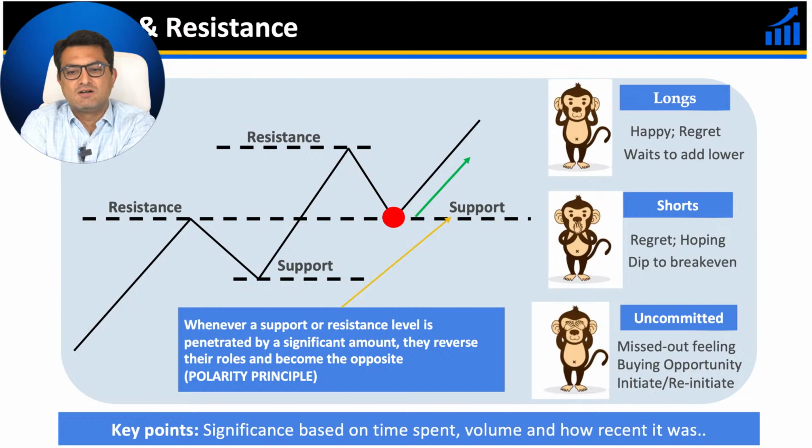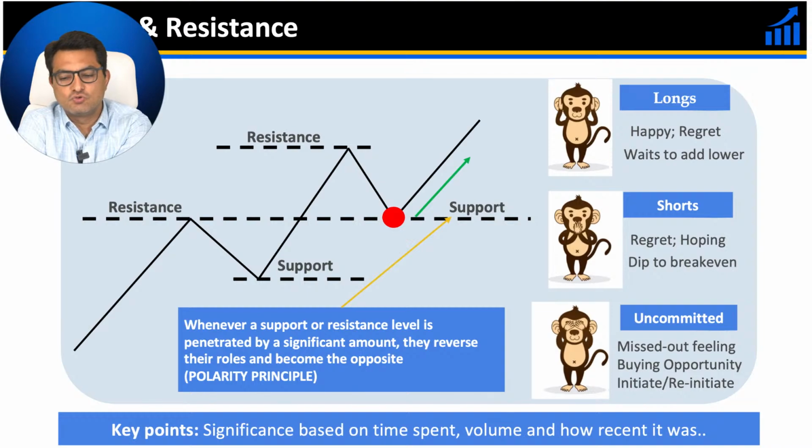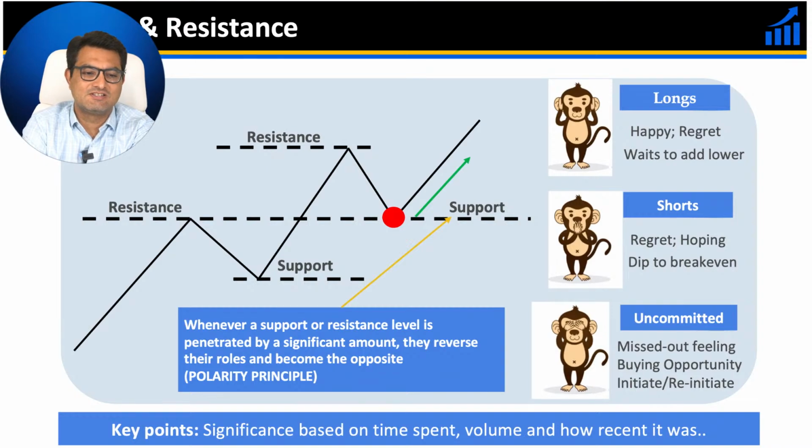There is a shorter, who wants to short at any position. And the third bandar is undecided, who doesn't know whether he wants to buy or sell.